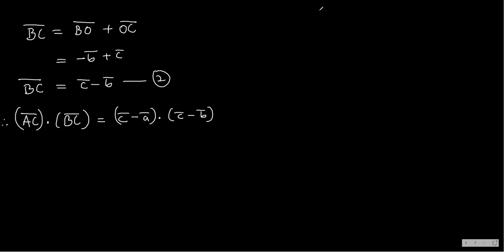This is now simple distribution of dot product over difference. So we will distribute this over C bar and then B bar. So here we get (C bar minus A bar) dot C bar minus (C bar minus A bar) dot B bar.